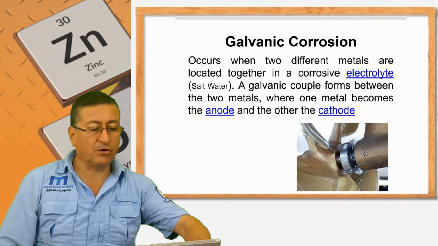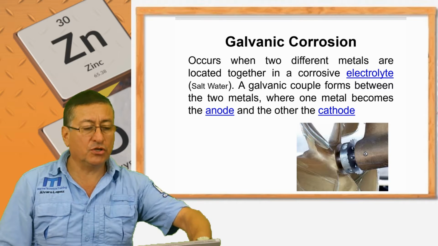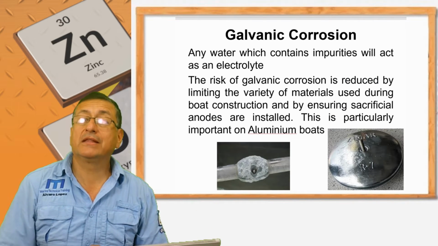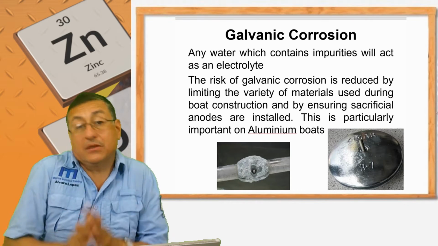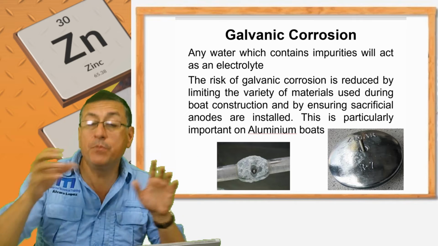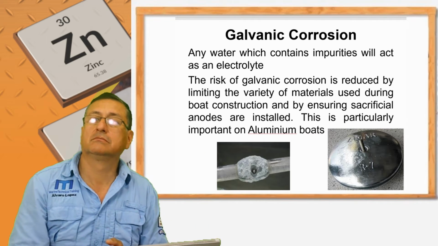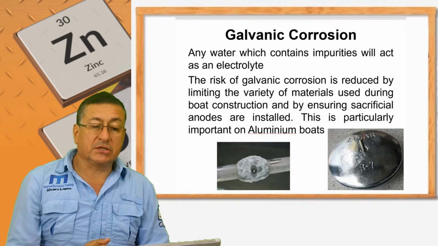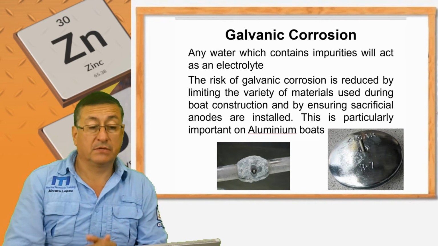This is galvanic corrosion. That's the most common. For that reason, you need to protect the metals with sacrificial anodes. One element will be eroded. It's the sacrificial. I put that one to be eroded. Any water contains impurities in the electrolyte.